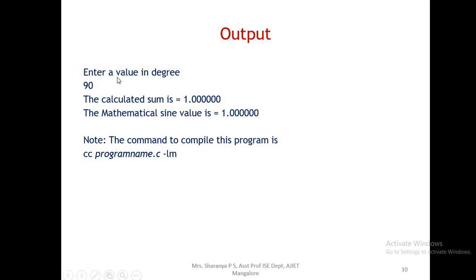While compiling this program, we have to mention one major thing here: cc program name dot c, and minus lm is the mandatory option. Minus lm is used along with the compilation if it has the sine value, that is a mathematical function.